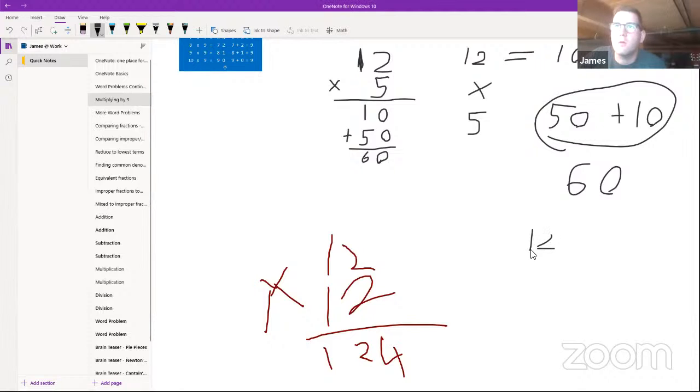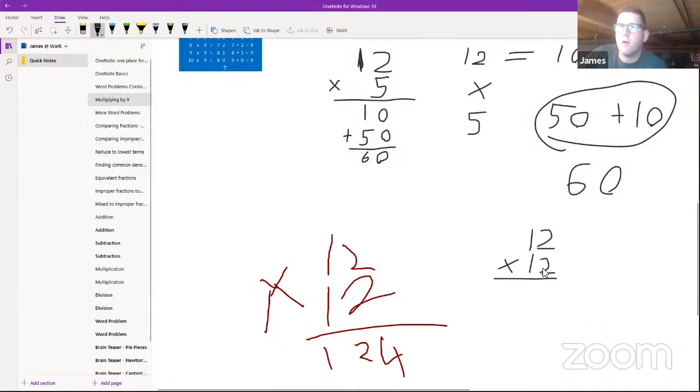So I'm going to write this over here. 12 times 12. When we go over to the tens digit, we have to basically write the next thing we're multiplying 1 row down.